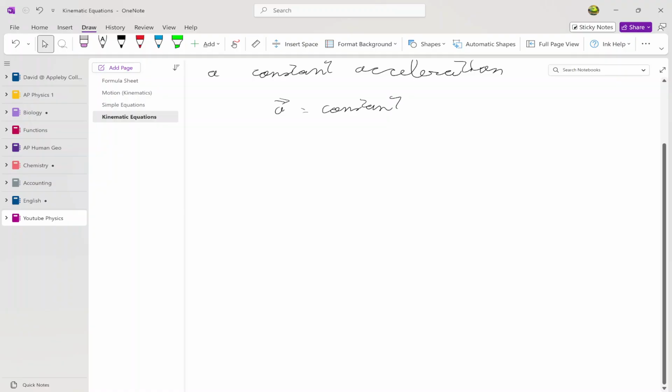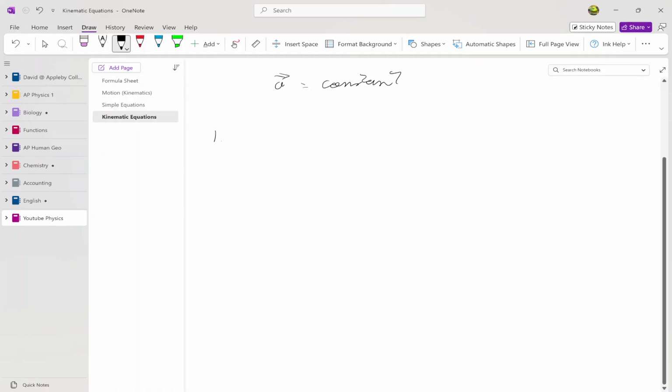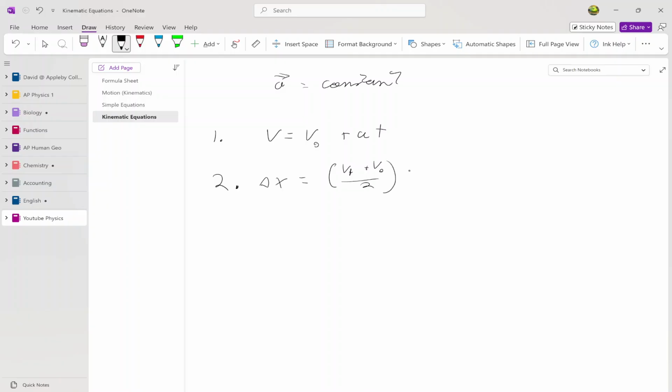But here, let's just list all the equations first. These are all provided on the formula sheet, so you don't have to memorize them. Plus AT. There you go.